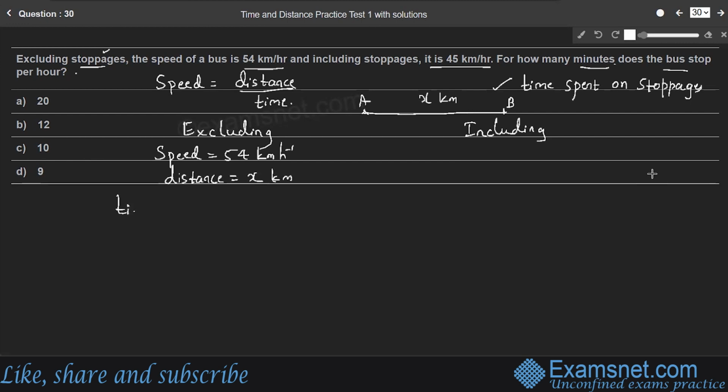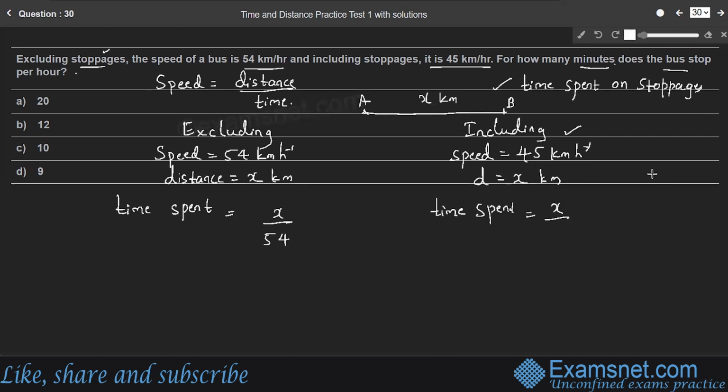Therefore, the time spent excluding stoppages is distance by speed, which is x by 54. Including stoppages, the speed is 45 kilometers per hour and the distance is x kilometers. Therefore, the time spent here is x by 45 in terms of hours.